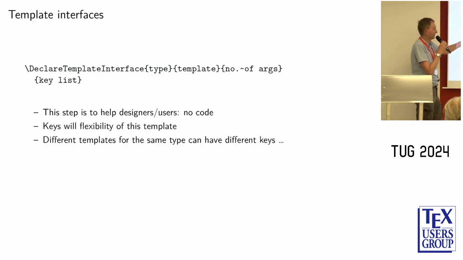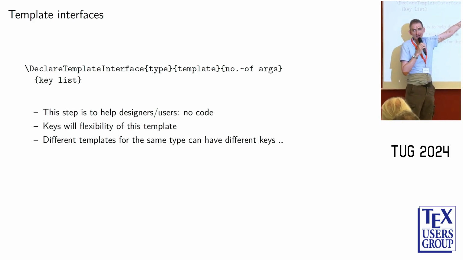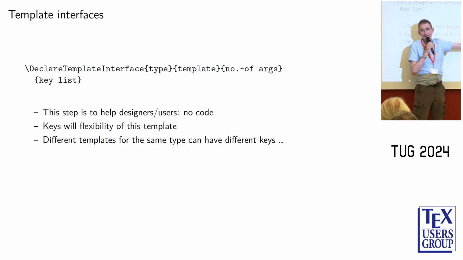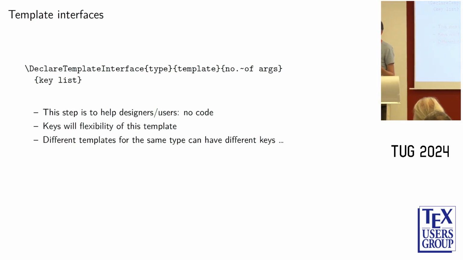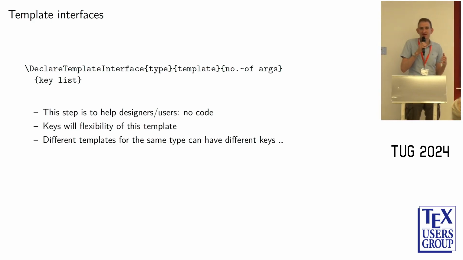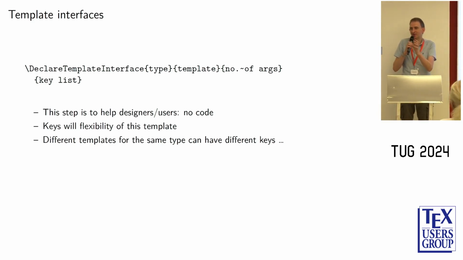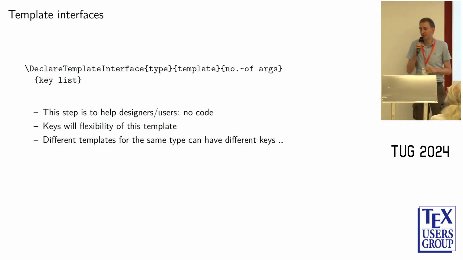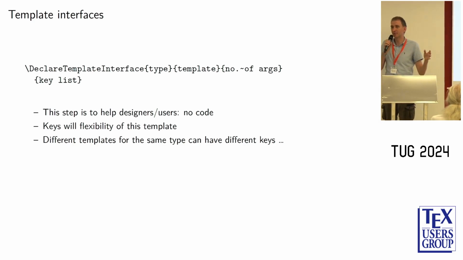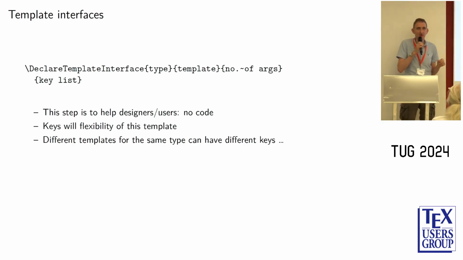So what I'll say here is the type is fixed, that's like sectioning. The template is going to be the name of our particular implementation we're creating in general terms. So you might call this LaTeX standard sectioning, because someone else might implement it completely differently and have made different choices about the keys, and they might implement things that simply don't match up with the standard situation.